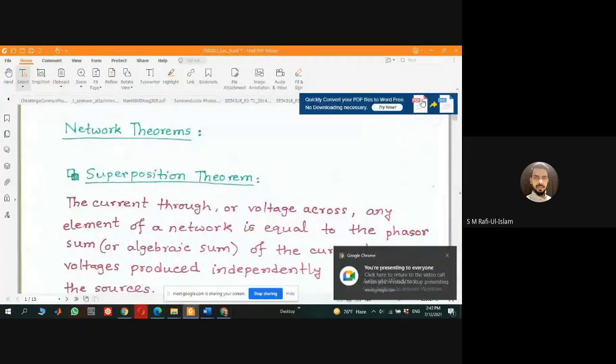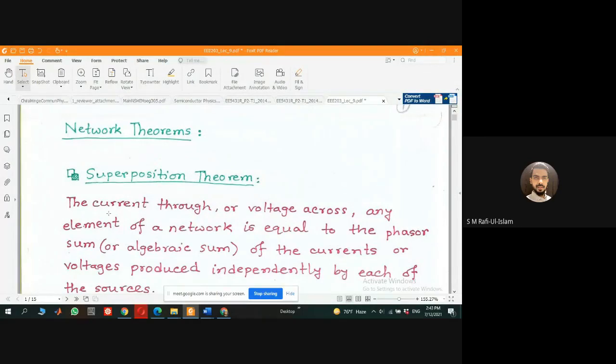Similarly, in our electrical circuit, if we have multiple sources, it could be voltage sources, it could be current sources, or it could be DC source or AC source. Then if we are asked to calculate certain electrical responses, mostly these are current or voltage, then the total contribution should be equal to the algebraic sum of the electrical response produced by each and every source.